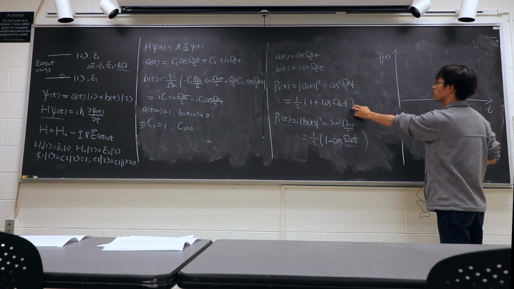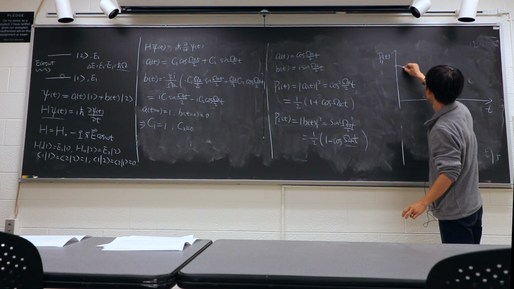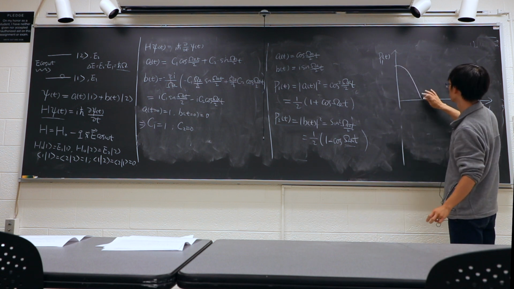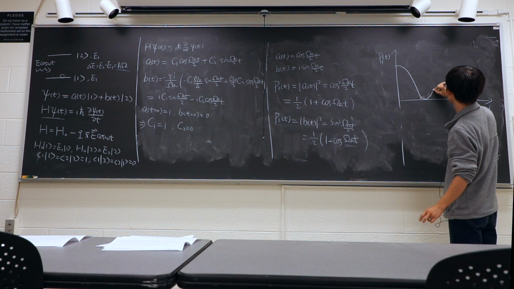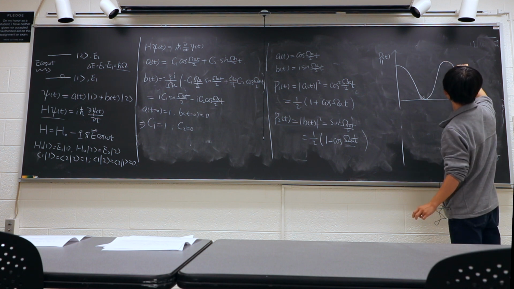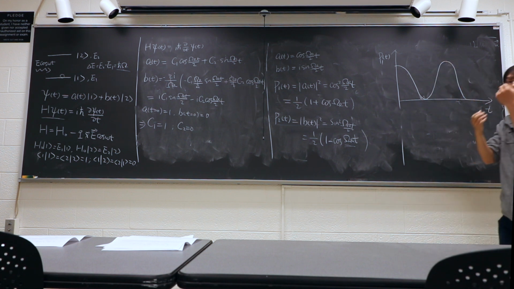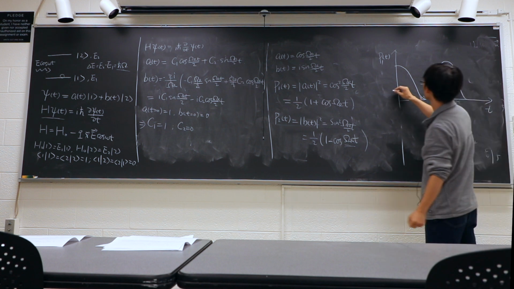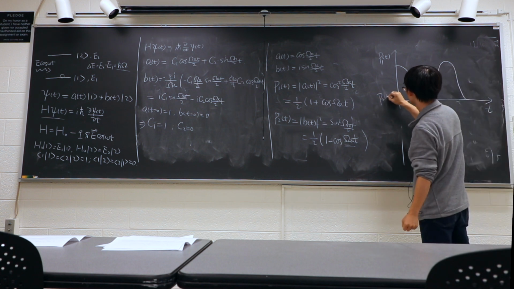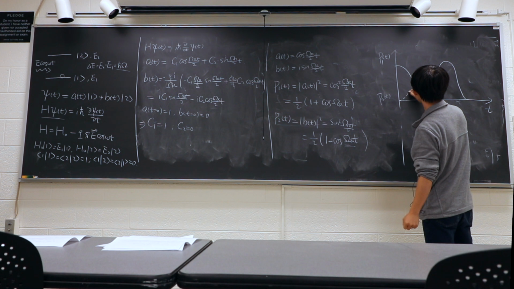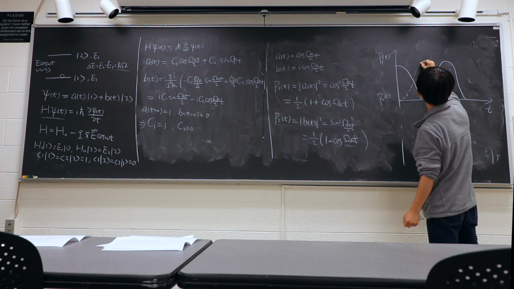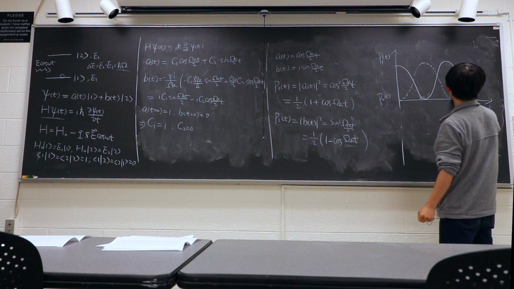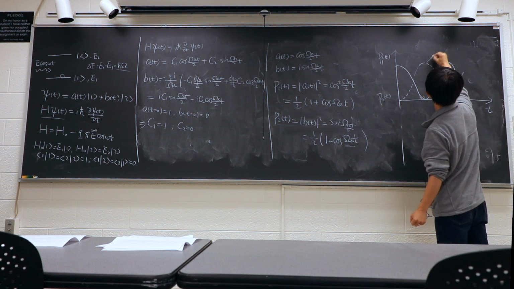So you start from 1, and then you oscillate to 0, and you go back, and you do this. So you're doing oscillation. The atom is going from 1 to 2 to 1 to 2, to 1 again. And so for the P2, it's doing the reverse. Okay, this is P2.